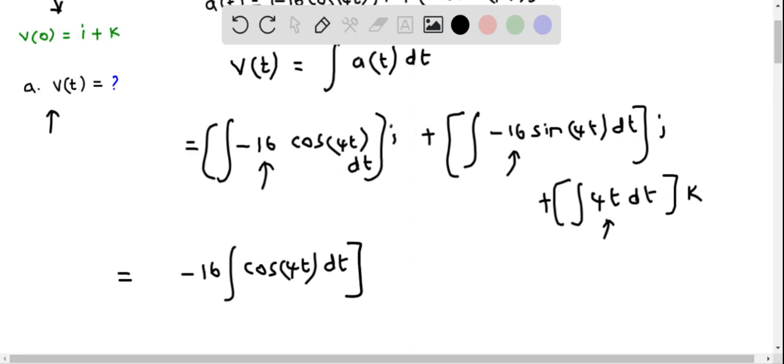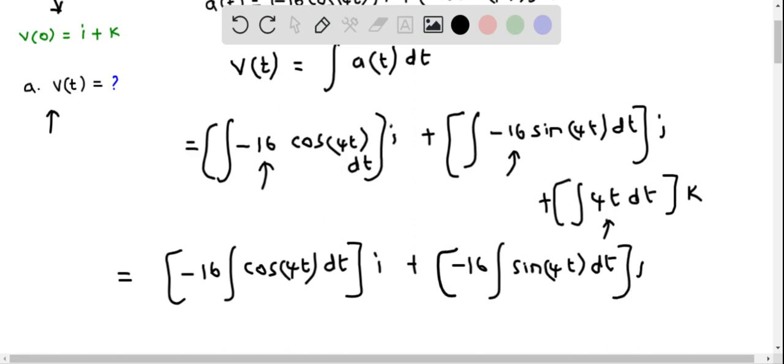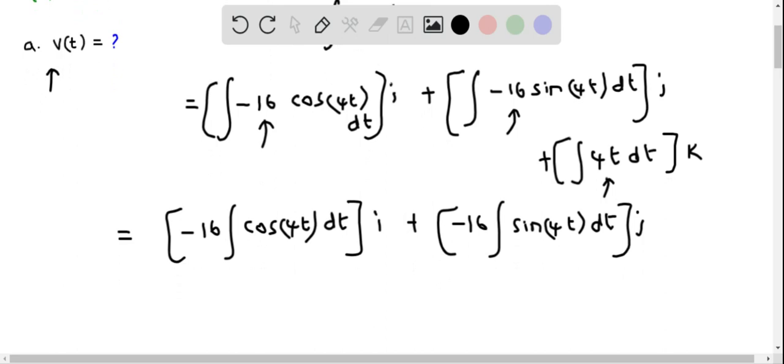This is for the i component, plus negative 16 times the integral of sine of 4t dt. This is for the j component, and for the k component, if we factor the 4, it's basically 4 times the integral of t dt, and this is for the k component.